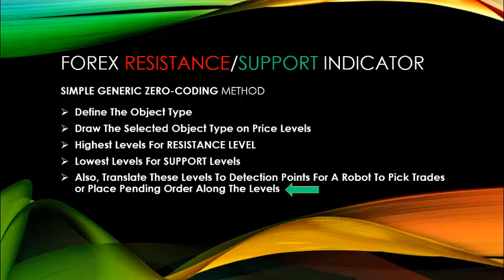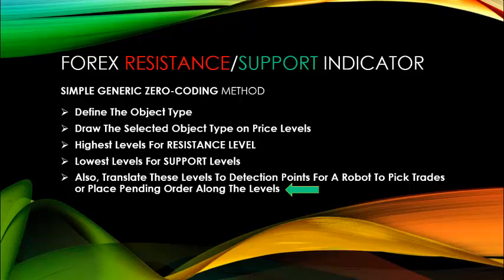trades. So basically, whenever the market gets to any resistance or support level, it will automatically pick a trade. If you don't want it to pick a trade, you can as well tell it to automatically place pending orders at these levels. Yes, one of the robots that does this very effectively is one of our unique robots.